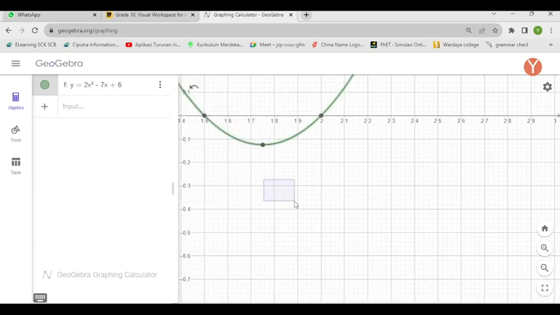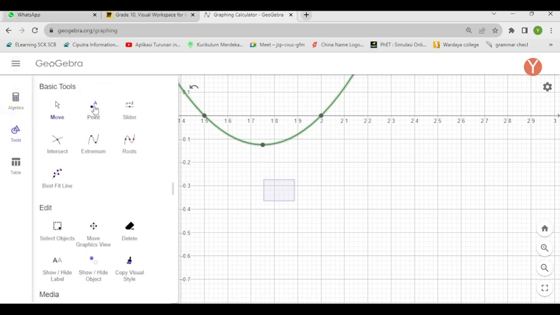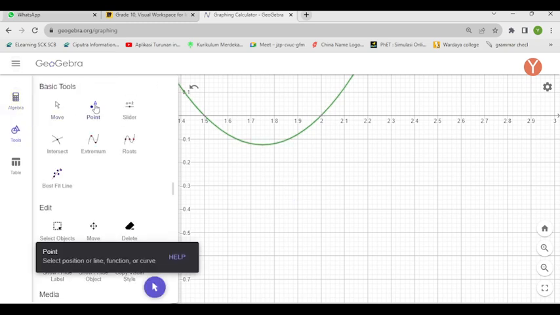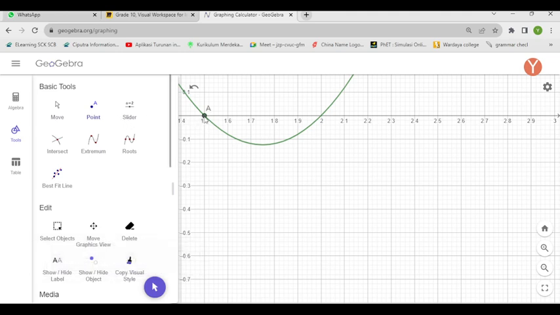Now let's see. I use the tools to state the points. This one is for A, this is for B. As for the extremum, I'll just use this.